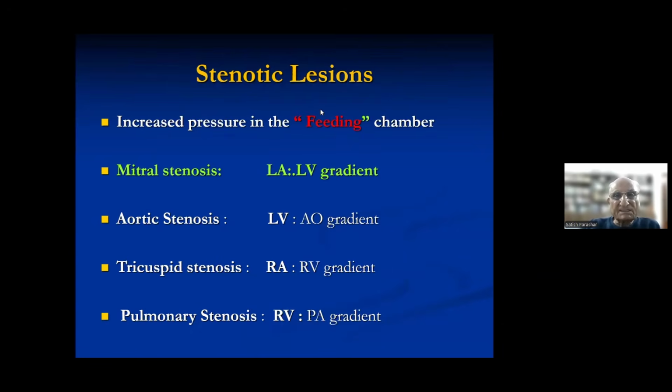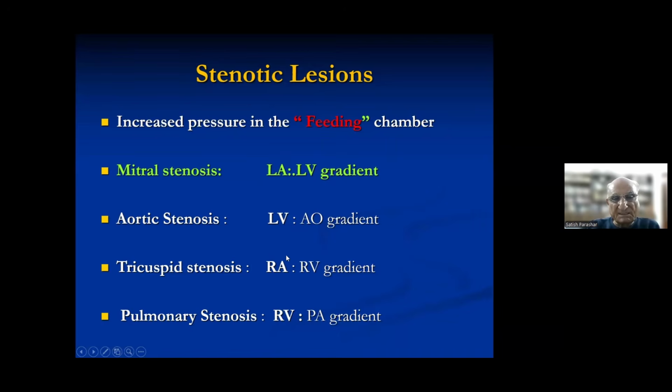Now, in any stenotic lesion, there is a feeding chamber. There is always an increased pressure in a feeding chamber. For example, in mitral stenosis, the LA is the feeding chamber because the mitral valve is between LA and LV. So there's increased pressure in the left atrium because it is the feeding chamber. Aortic stenosis, mainly the LV.